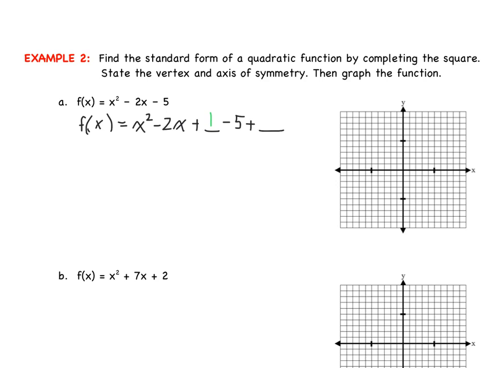Since we added 1, to keep it balanced we then have to subtract 1. So we completed the square here. And then over here, we have to add the opposite.